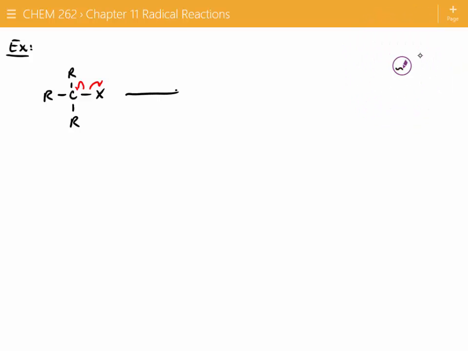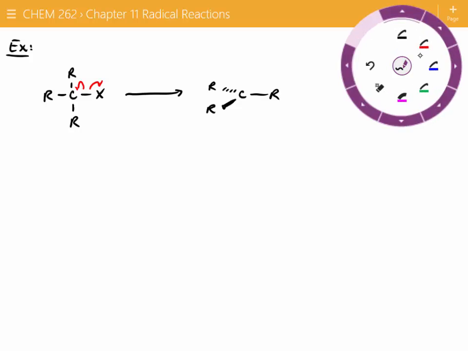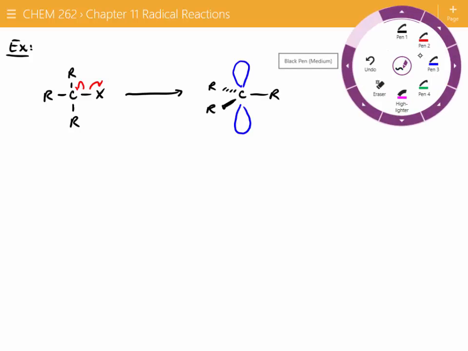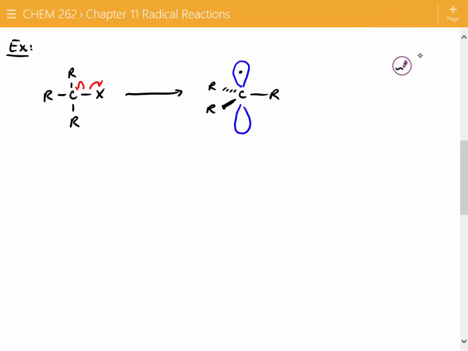And when we do this, we end up with an intermediate that looks a lot like our carbocations that we've seen previously, meaning that this carbon is now trigonal planar. And we've got an electron in that empty p orbital, and now we've got this X atom also with a single electron.